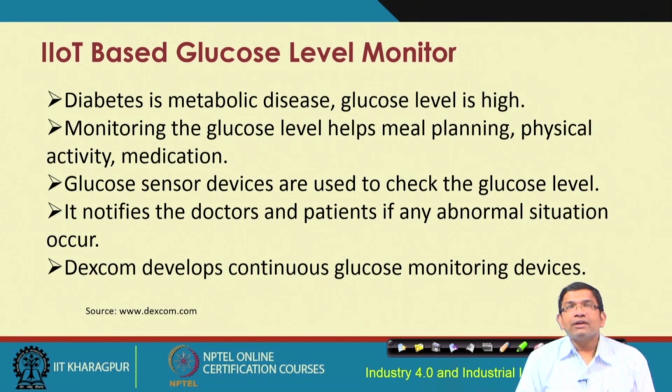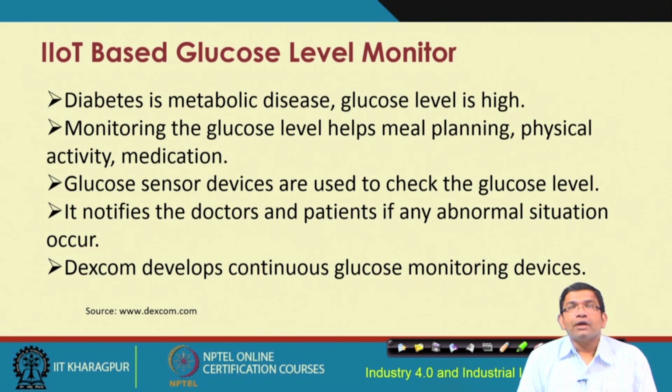Similarly, for glucose level monitoring, particularly for diabetes patients, they typically need to check the glucose level quite often, particularly the ones who have higher degrees of diabetes. They are required to check the blood sugar, not continuously, but quite often.